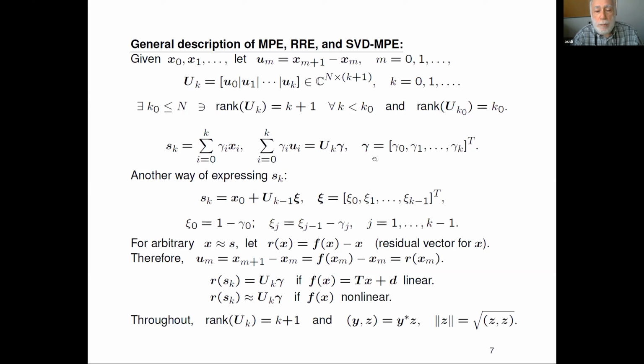Gamma is this k plus 1 dimensional small vector. You can also express the vector S sub k in this form, which is very convenient computationally. In all the algorithms, I use this thing here that turned out to be extremely useful to save computer storage.